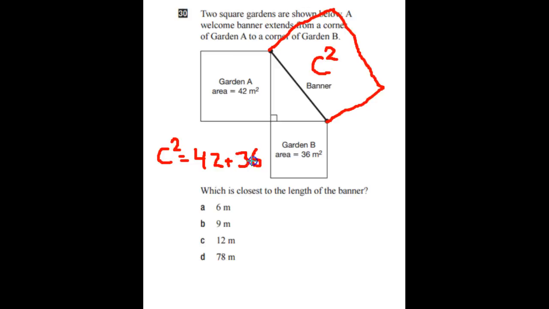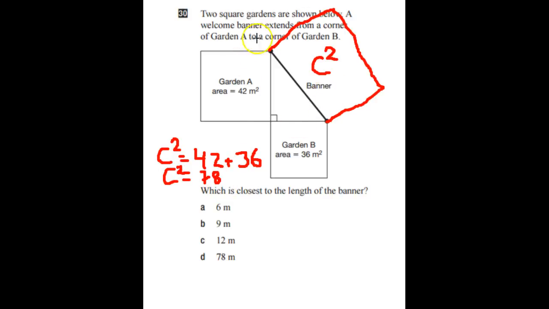And so c squared is going to be equal to the sum of these. So 36, 46, 56, 66, 76, 78 meters. Now, some of you may jump and say, oh, well, c squared, it's there, it's 78 meters. But remember, that's c squared. That is the area of that whole square.